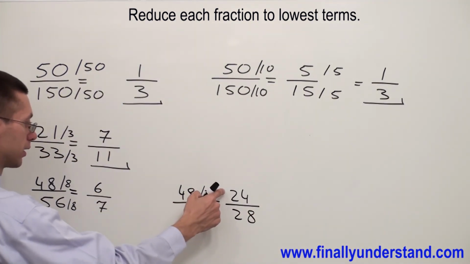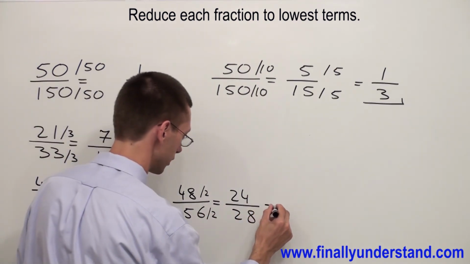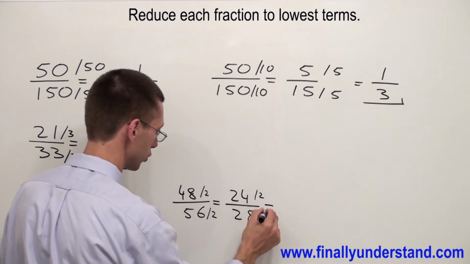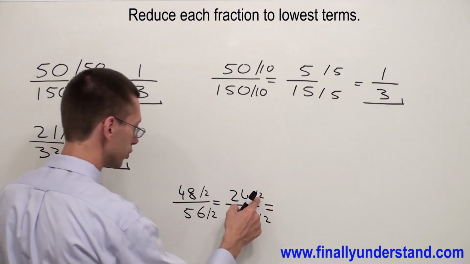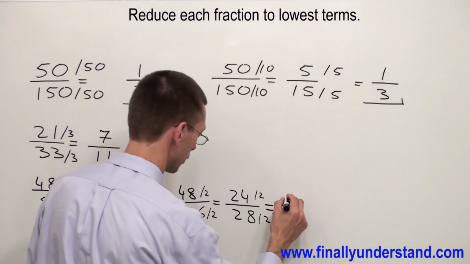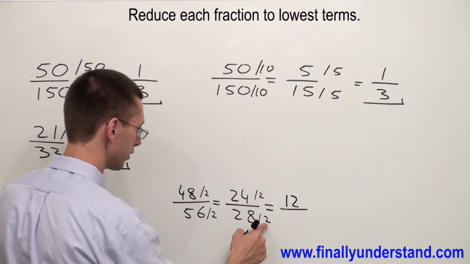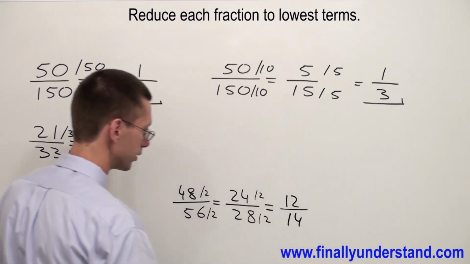Again, I got two even numbers, okay? And we said that even numbers are divisible by 2, so I'm going to reduce them by 2. 24 divided by 2 is equal to 12. 28 divided by 2 is equal to 14.